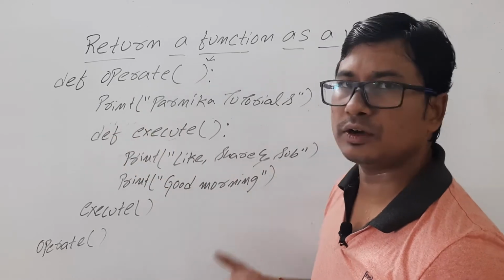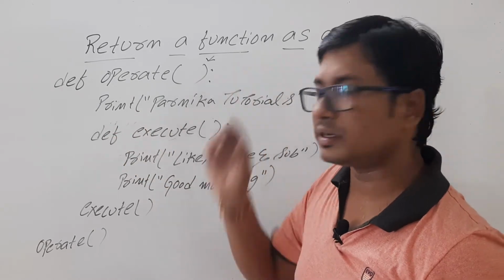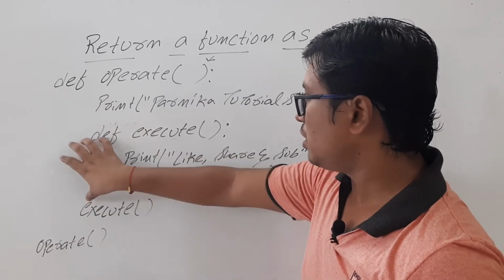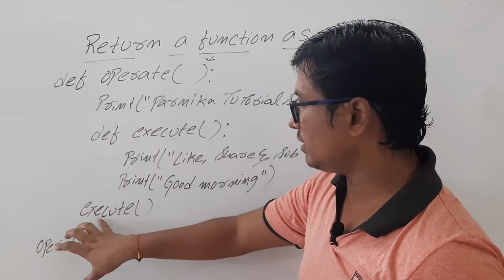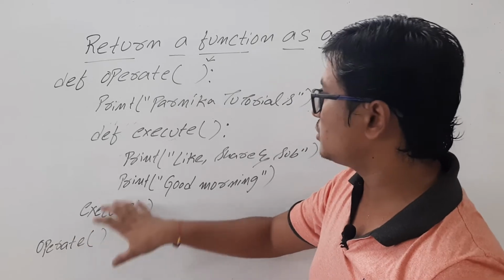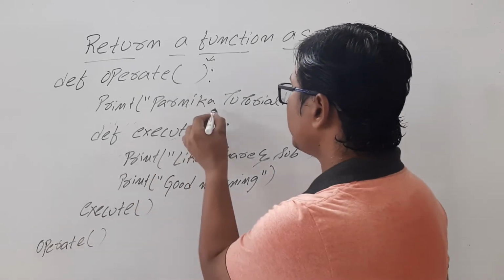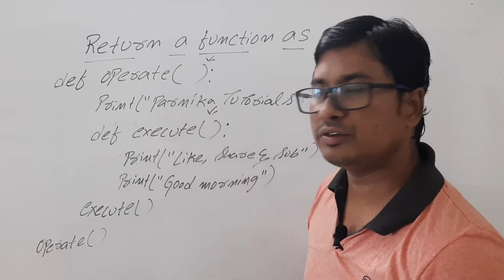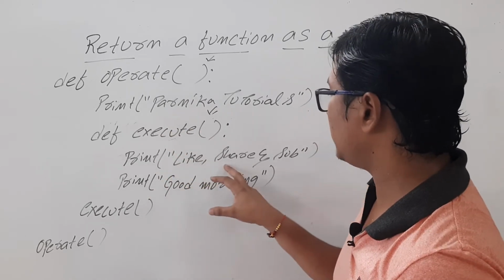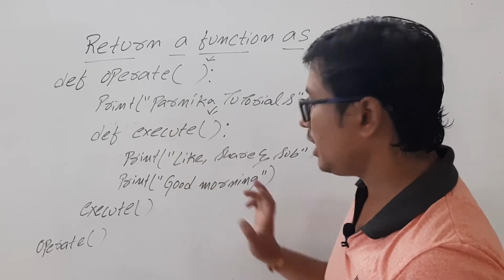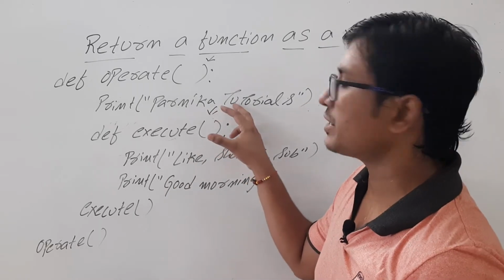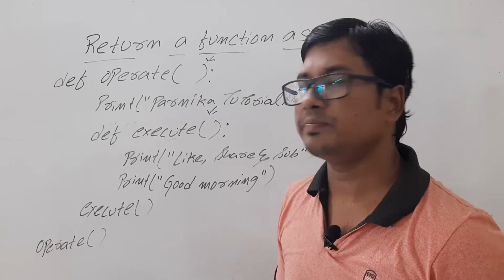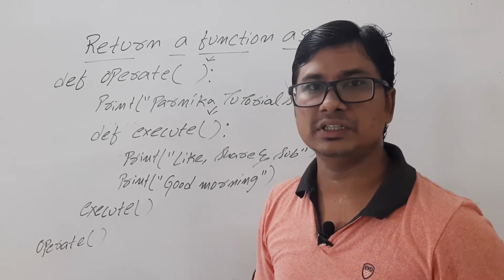So print Parnika tutorials, you will get Parnika tutorials as an output. Then you have the function definition called execute. Once it is done, you are calling the function execute, so the control will go to the execute function, and the statements in the execute function will be printed: like, share and subscribe and good morning. So you will get the output Parnika tutorials, like, share and subscribe and good morning. This one we discussed in the last video.